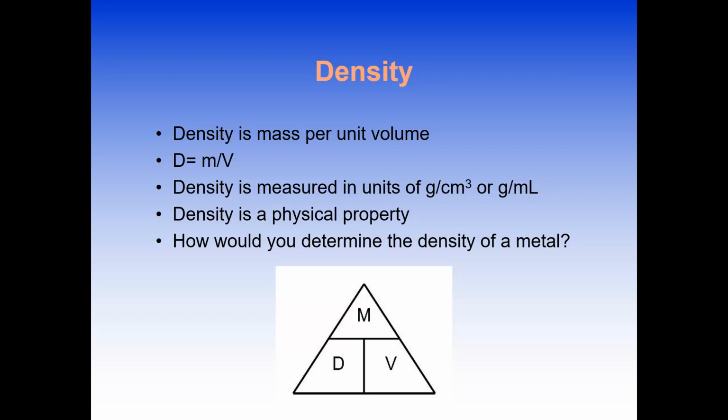If we fill the graduated cylinder with a known amount of liquid, say 50 milliliters, I can drop that chunk of gold in there, and the amount the water raises, say it's 5 milliliters, tells me the volume of my piece of gold, getting me my milliliters. Once again, I just divide mass by volume in order to determine the density.